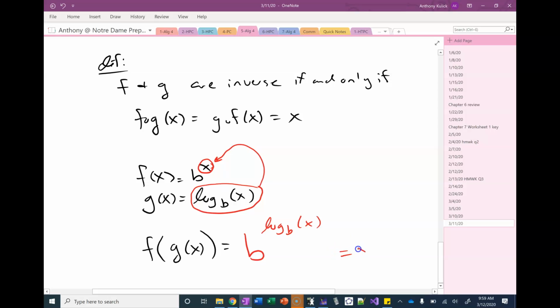And this has to give me x, right? Because we know that exponential functions and logarithmic functions are inverses. That has to give me x. So what conclusion can I draw from this? Exponent base b and log base b cancel each other out, leaving me only with the x. Everybody okay there?